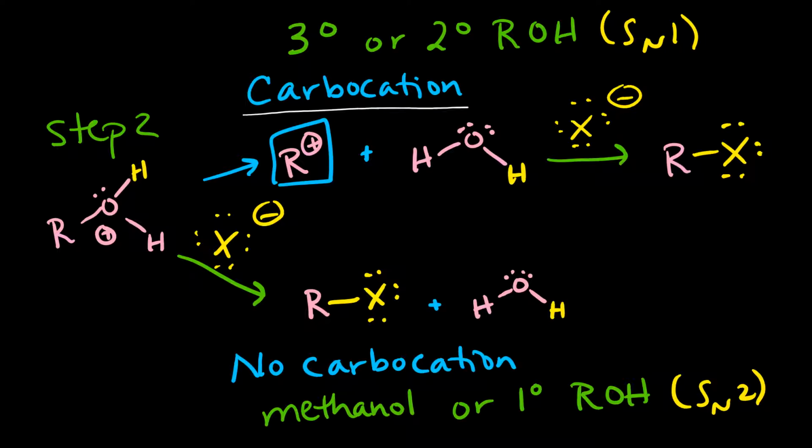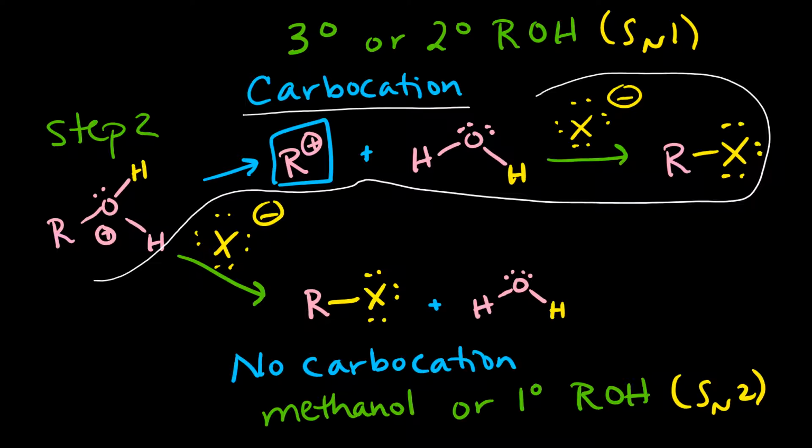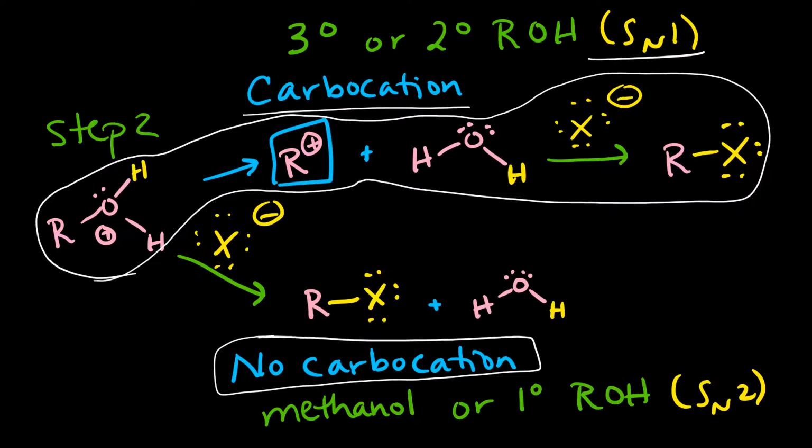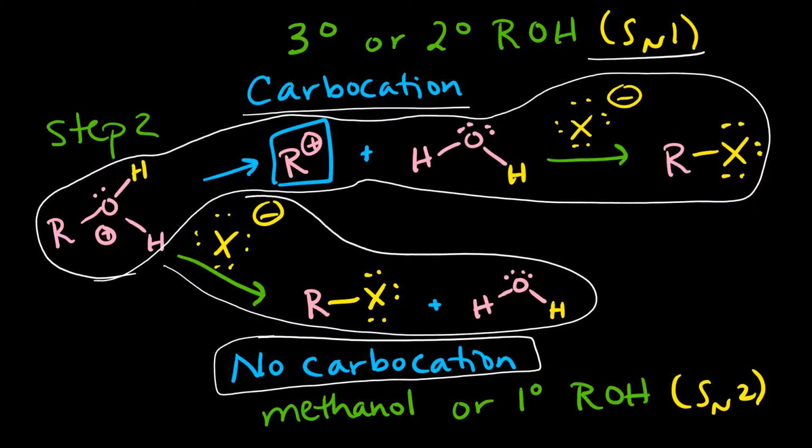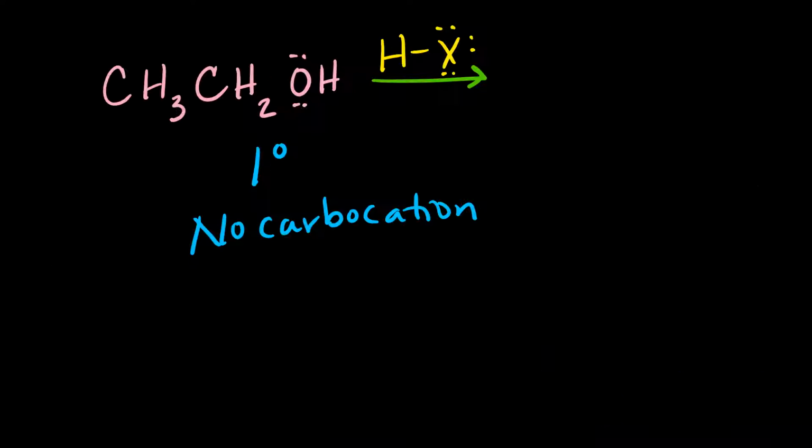Based on what we know about carbocations, it makes sense that this pathway here would be followed by secondary or tertiary alcohols, and this is going to be an SN1 substitution. Whereas the direct displacement pathway with no carbocation formation is going to be an SN2 substitution, and this is best with either methanol or a primary alcohol.